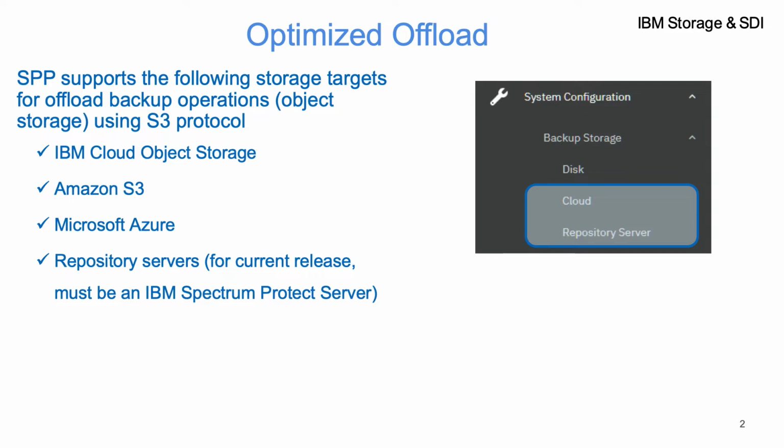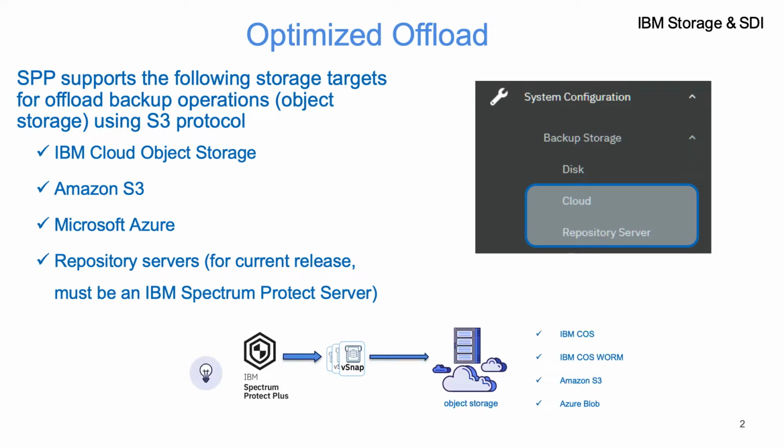Now, you might have various questions in your head, like why do I want to offload? What's the problem I'm solving with offload? And how does all this tie up together with Spectrum Protect Plus? To address some of these questions, we built Offload to address the challenge of balancing long-term retention demands at optimal cost.